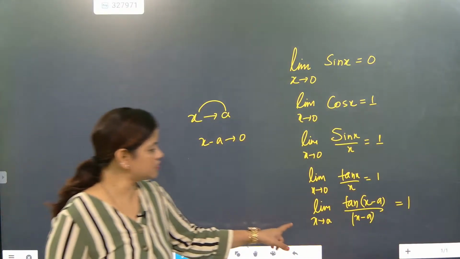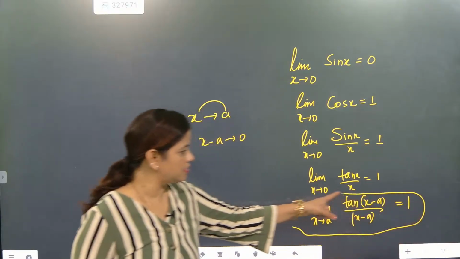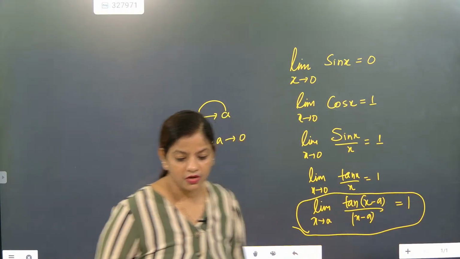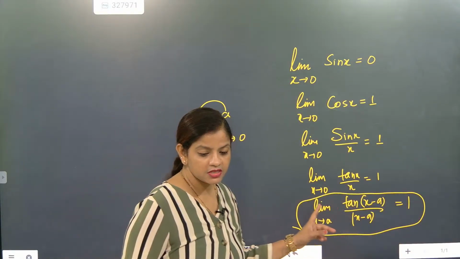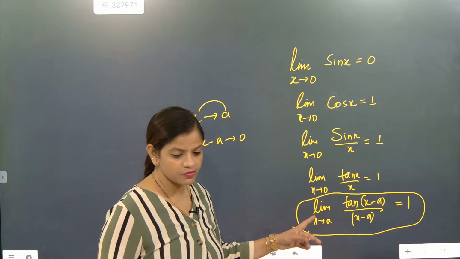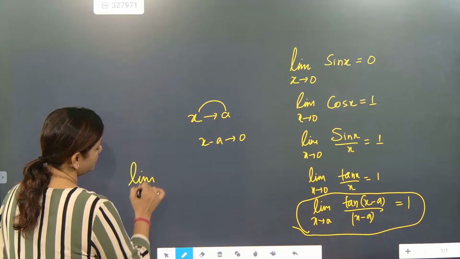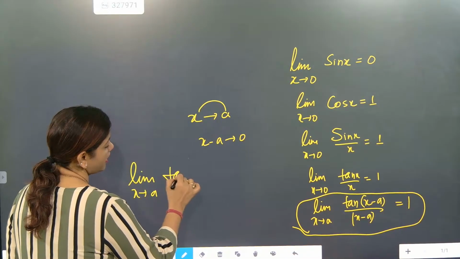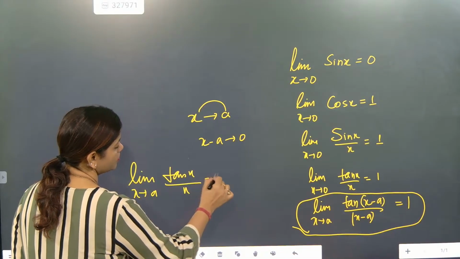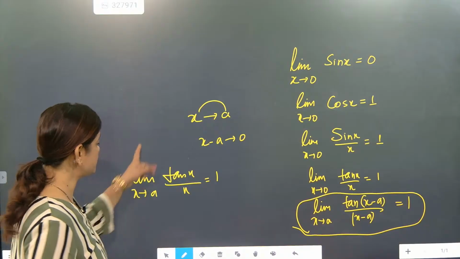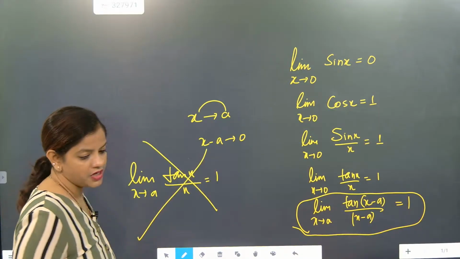This last part is a bomb, an atom bomb. I'm telling you why it is an atom bomb. Because many students will do only one thing. They will see limit x tends to a, tan of x by x is equal to 1. And I'm telling you this is 100% wrong. It will not be correct.